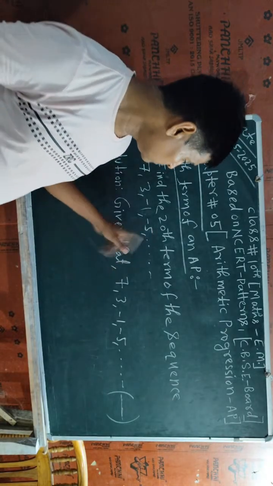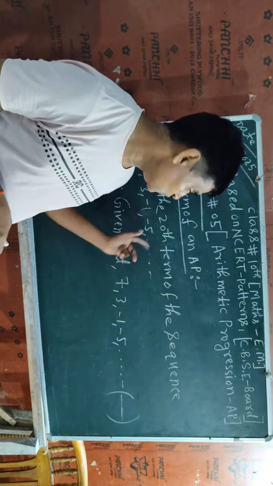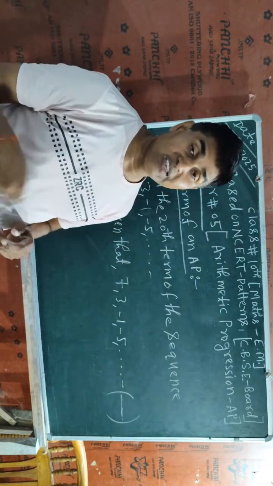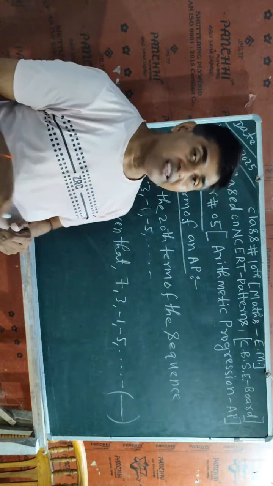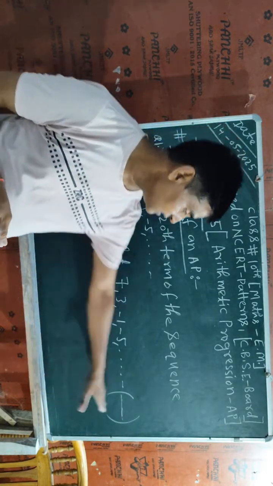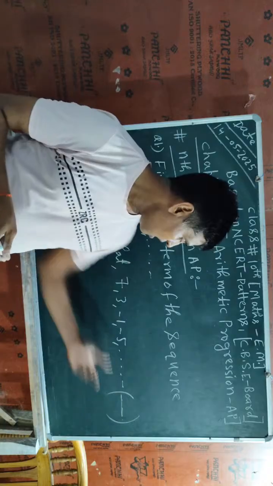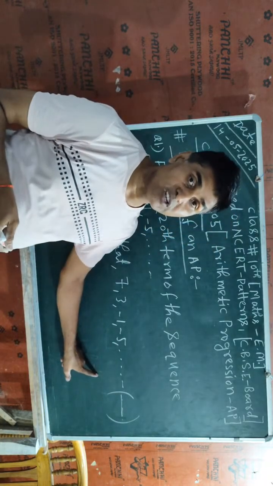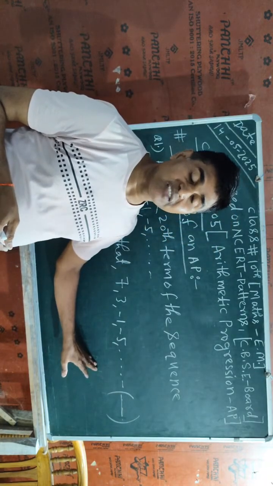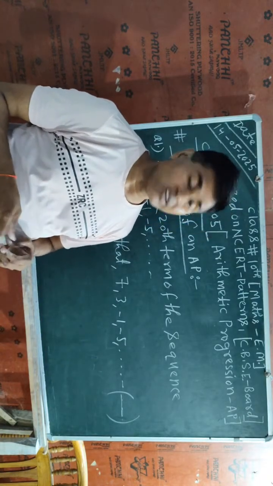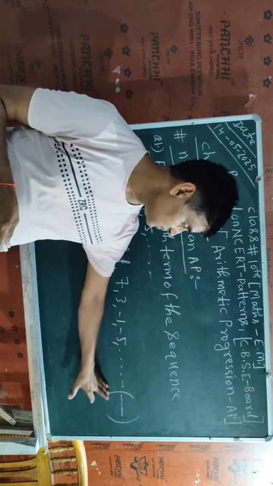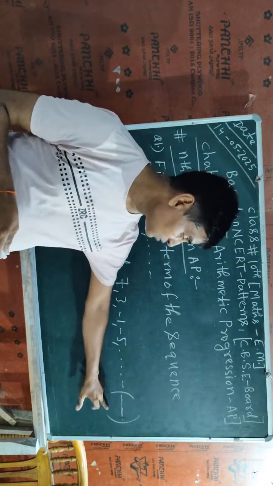So the values of a, d and n we will use in the formula for the nth term of the AP series, and after calculating I will find the 20th term of the given series. Okay students, this is the right procedure. We have to follow this procedure for reaching the destination.